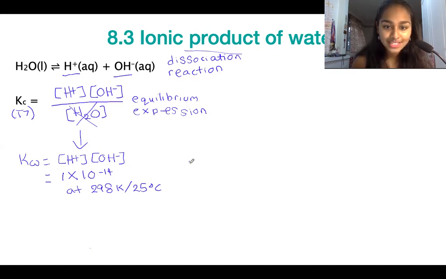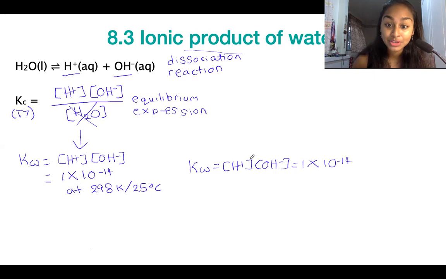So Kw, I'm just going to write it out really quickly. H+ times OH- equals 1 times 10 to the minus 14. We've already stated that we've got equal concentrations of H+ and OH- if we're talking about water, which is a neutral substance. Therefore, we can simplify it to Kw equals H+ squared.